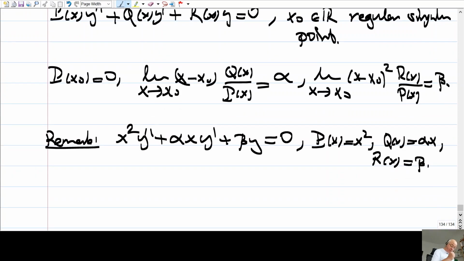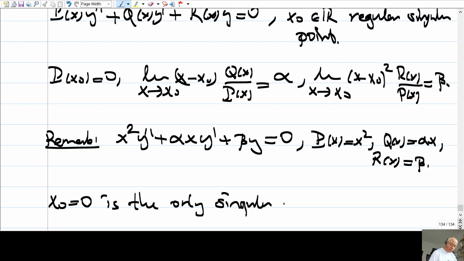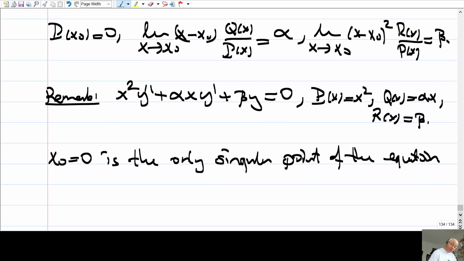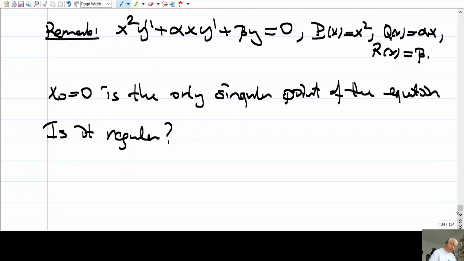They are all analytic functions. The only point which makes P zero is just 0, so x0 equals 0 is the only singular point of the equation. And so we may ask whether it is regular or not. Well, let's check.